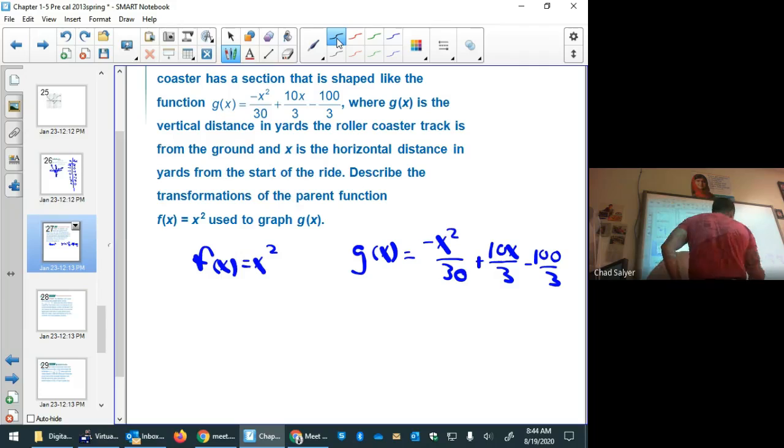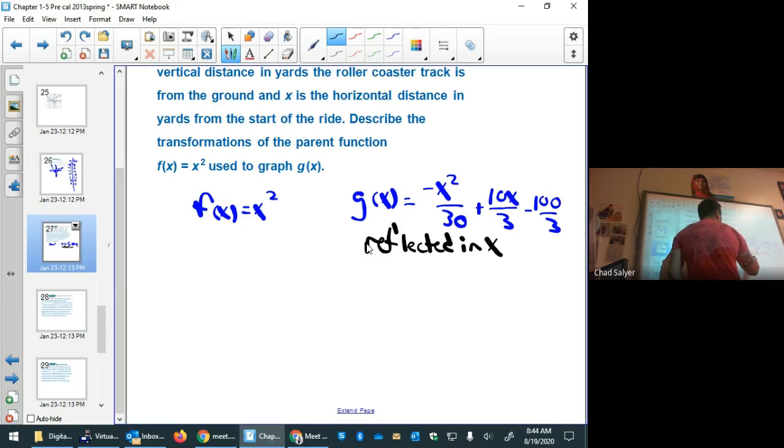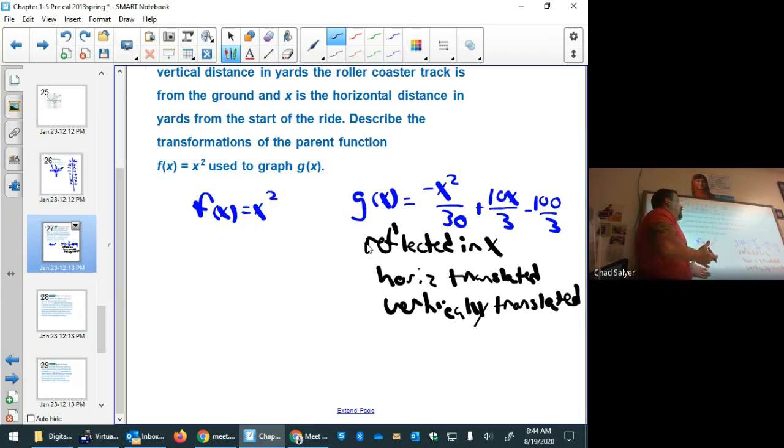So reflected in the x, and horizontally translated, and then vertically translated. We could get in and algebraically manipulate this and find out the exact factors, but that goes beyond the scope of this problem. We're just tasked with analyzing the graph and seeing what transformations have taken place, not exactly quantifying them in this case.